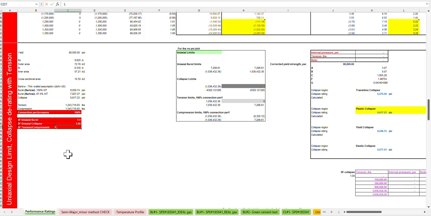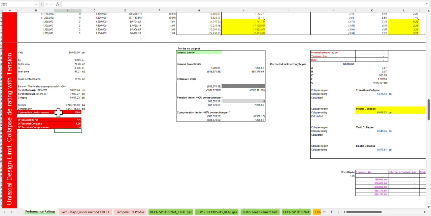As I mentioned previously, some casing connections, like special ID type casings, might have different performance ratings on the connection. So from the body you can account for that.